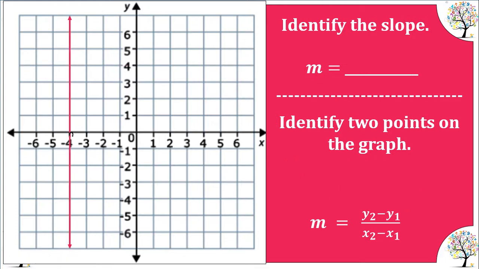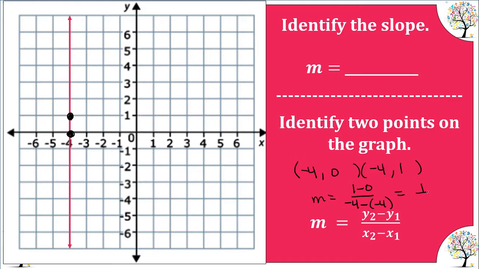Now let's choose 2 points on the vertical line, and we know this is not a function. It doesn't pass the vertical line test. So here we have (-4, 0) and (-4, 1). When I put this into my formula, I have 1 minus 0 over -4 minus -4.